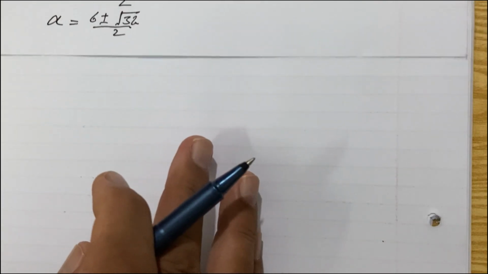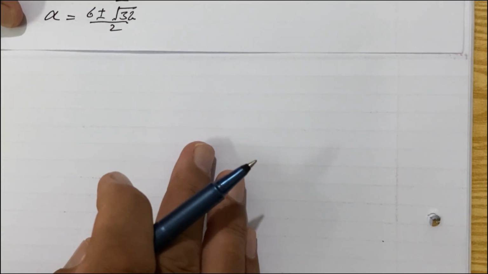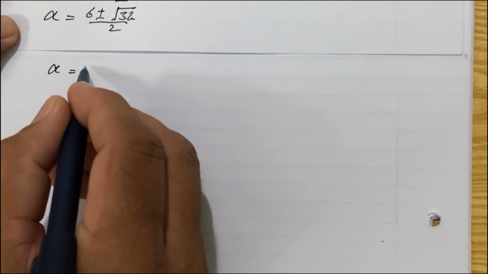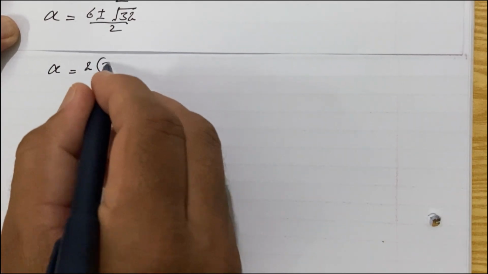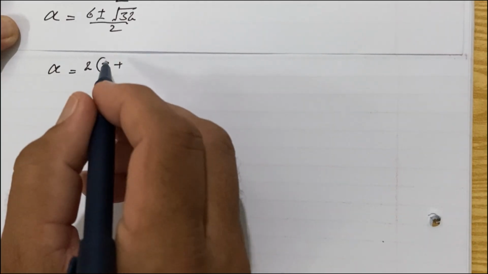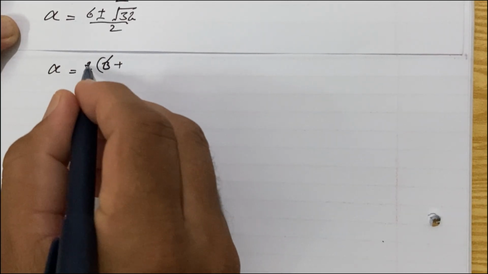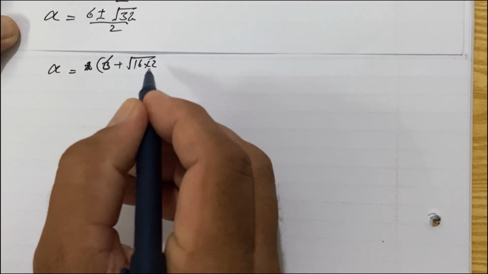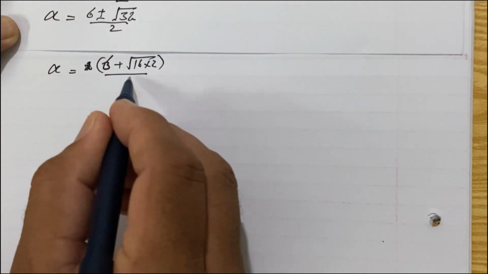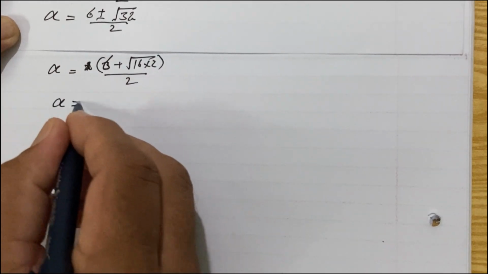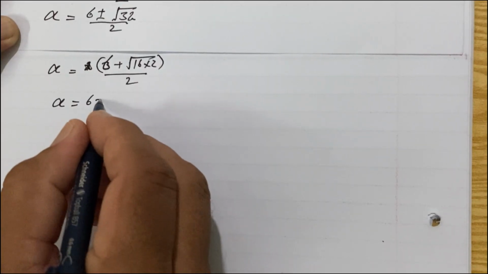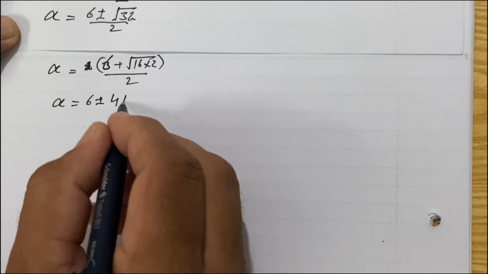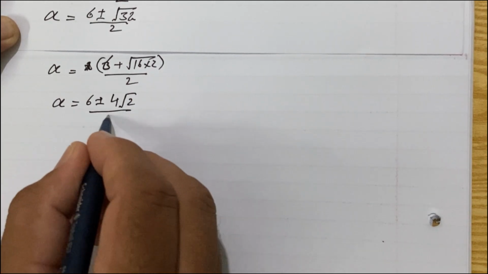Now a is equal to, taking 2 common, 6 plus minus under root 16 into 2 over 2. a is equal to 6 plus minus the square root of 16, which is 4, into root 2 over 2.